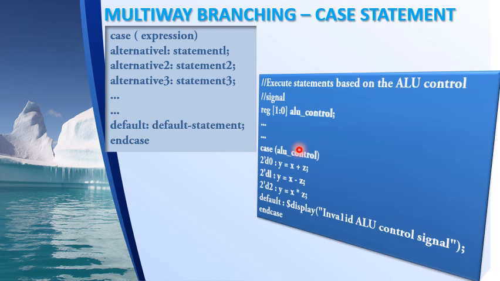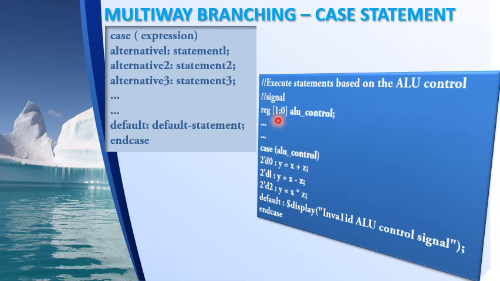We are checking whether the ALU control signal is equal to 0, 1 or 2, and as we have seen in the previous example for the type 3 if statement, we require two bits to represent 0, 1 and 2.